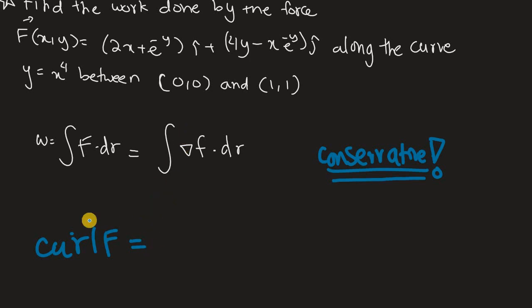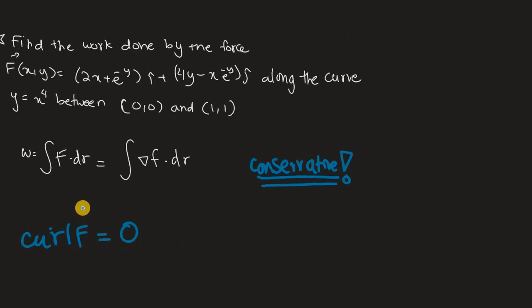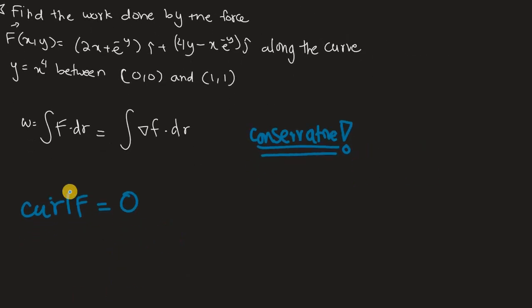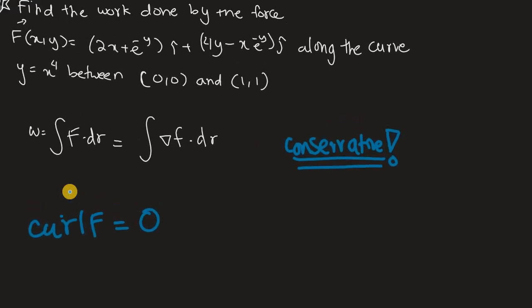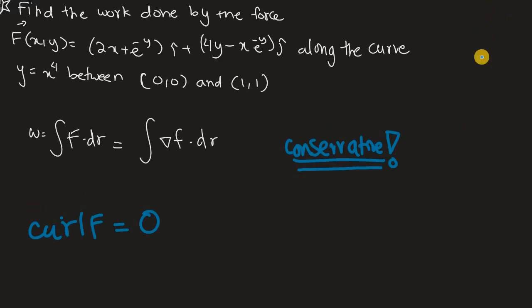If it's a 3 variable function, you need to show that the curl F is equal to 0, and here we only have 2 variable functions, so I'm not gonna show that the curl F is equal to 0. If you want to know for the 3 variable function, then I have made a video already on that, so click here to watch it.